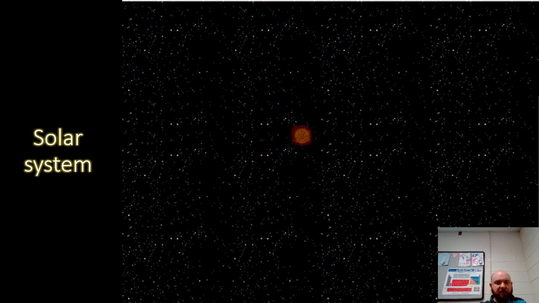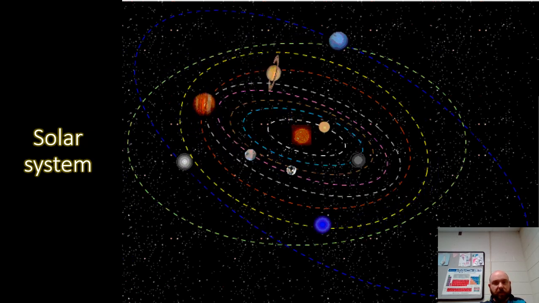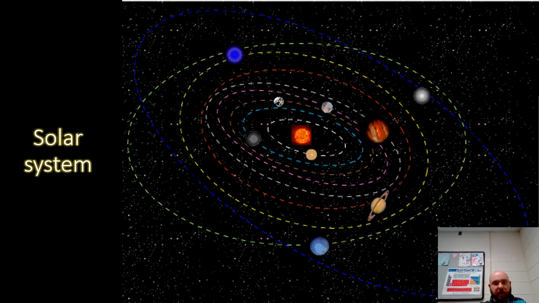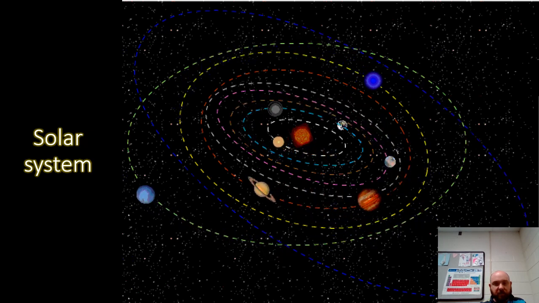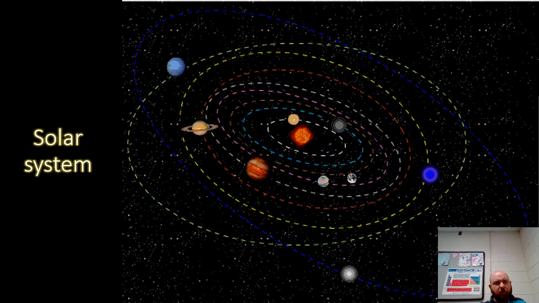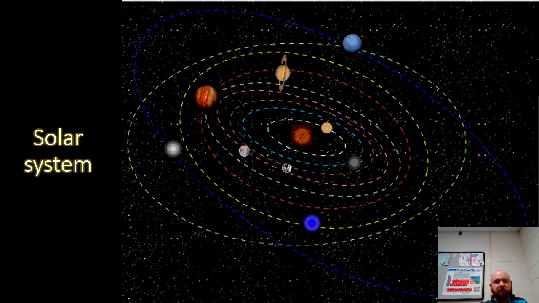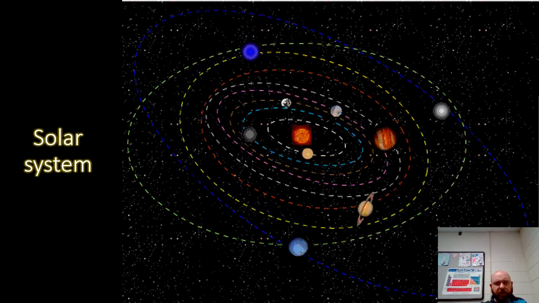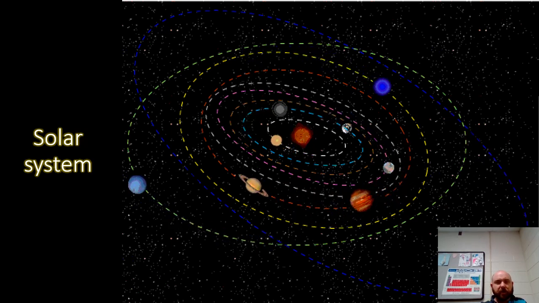After Jupiter, we have Saturn, well known for its beautiful rings. And then behind Saturn, we have Uranus and Neptune, which are smaller gas planets. They have a very distinct blue color. They're often called sister planets because they are so similar.